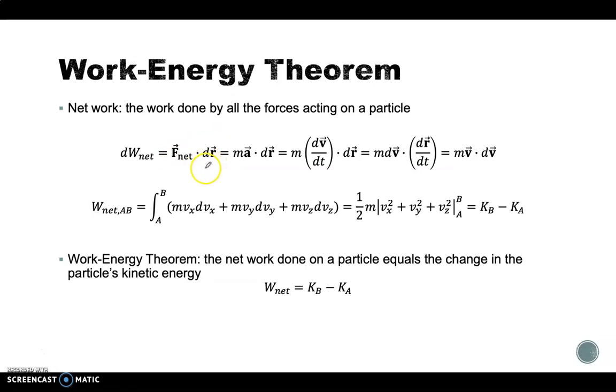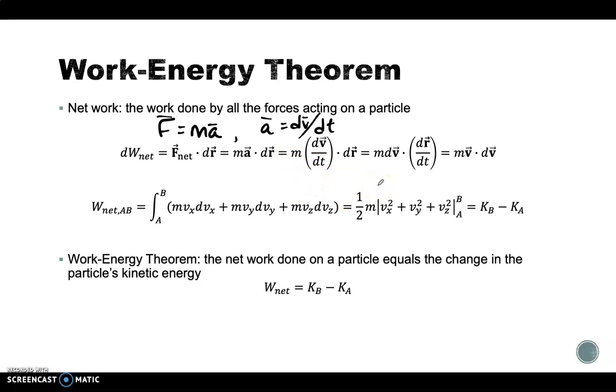Remember that force is equal to mass times acceleration, so we can plug that in here. And acceleration is equal to the derivative of velocity with respect to t. So again, plugging that in.